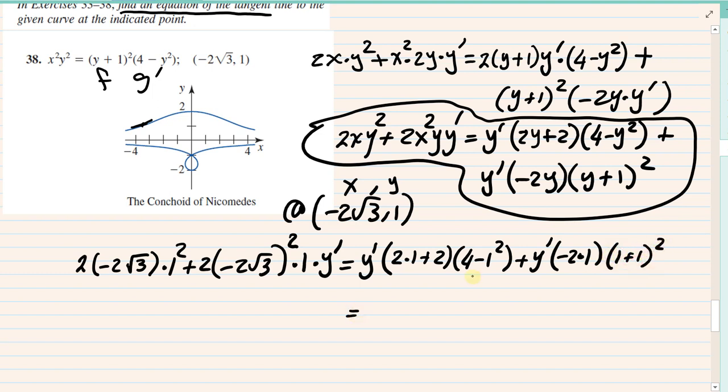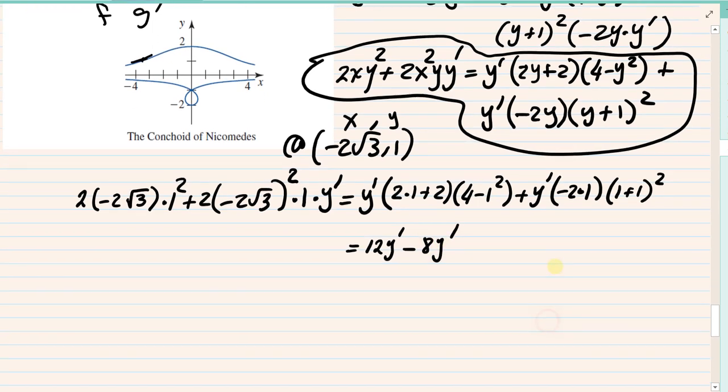Okay, so this is going to be 3 times 4, and that's 12. We have 12 y prime, and then 2 squared is 4 times negative 2, that makes negative 8 y prime. So we resolve the right side.